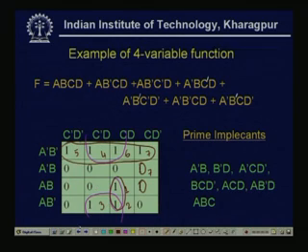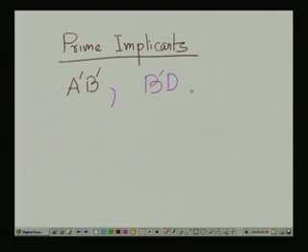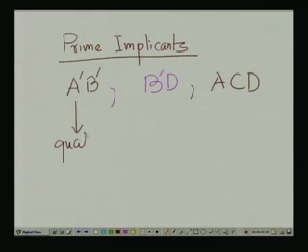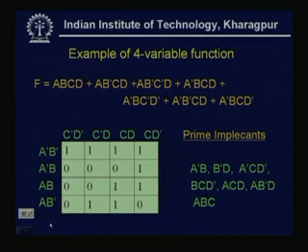So, A C D. This is for my quad 1, this is for my quad 2 and this is for my couple. These three are the prime implicants. So, these are some examples of the prime implicants.